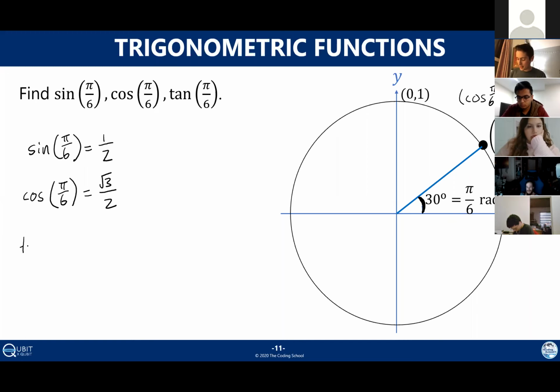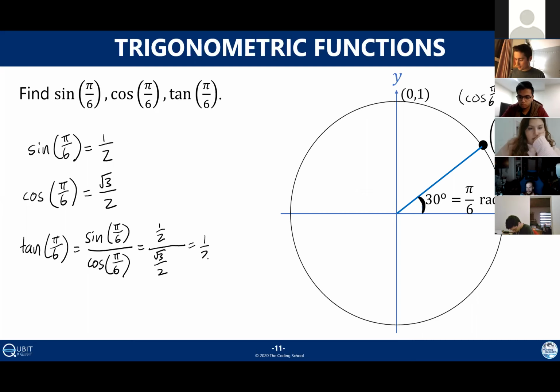Next up, we need tan. So let's look at tan pi/6. By definition, we remember that tan was sine theta over cos theta. And luckily for us, we already figured both of those out. Our sine was 1/2, and our cosine was √3/2.